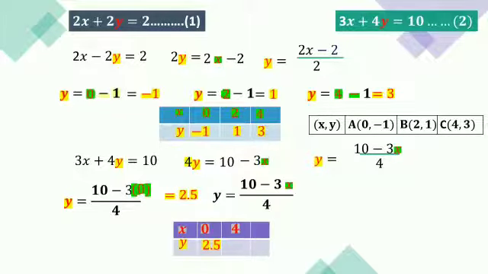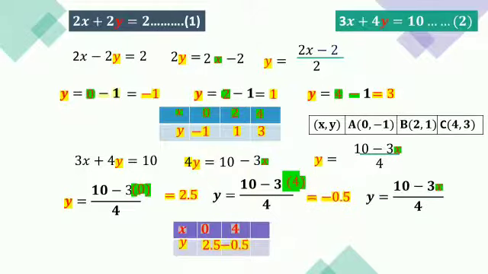Here I have put 4, 3 4s are 12, minus 12 plus 10, what is the value of it? Minus 2 by 4, that is equal to minus half, that is equal to minus 0.5. Here x is equal to minus 2, 10 minus 3 into minus 2, that is equal to plus 6, so 16 by 4 is equal to 4.